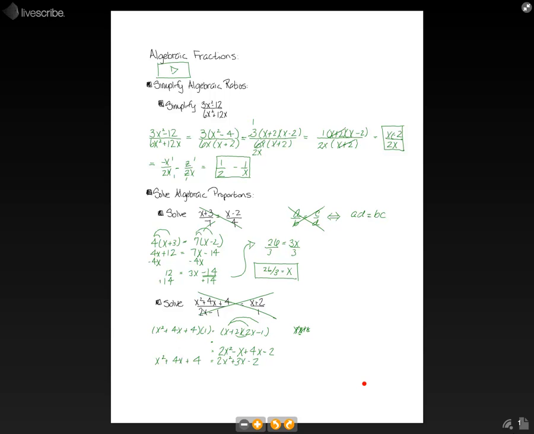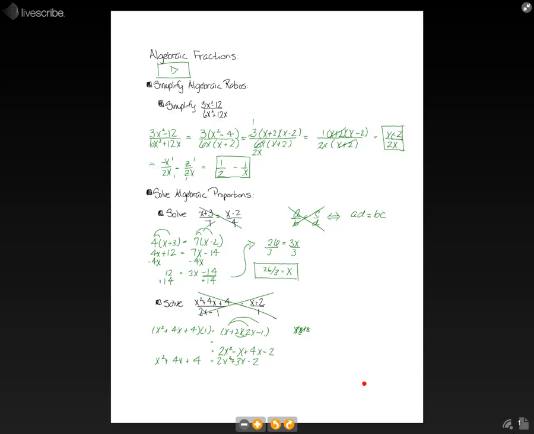Since we're solving for x, we need to get all of our x's to one side and all of our constants to the other. However, as you can see, since we have a quadratic term, this should put a red flag up and say we're probably going to be using the quadratic formula eventually, or some sort of factoring. So let's try to get this all combined into one expression equaling 0.